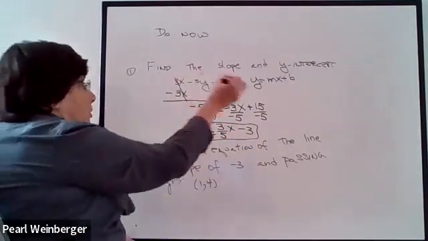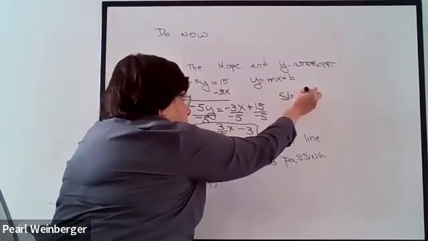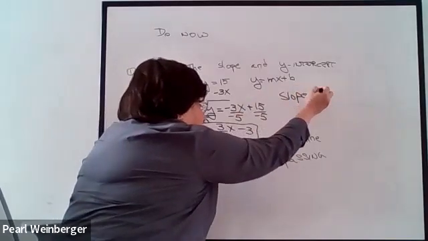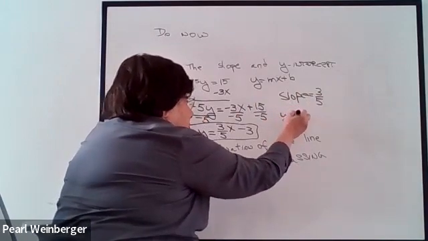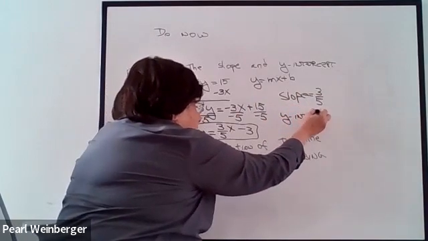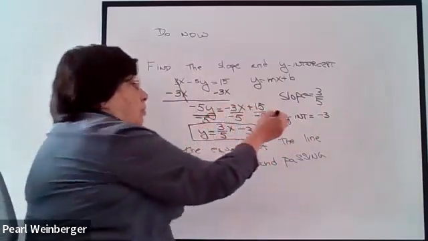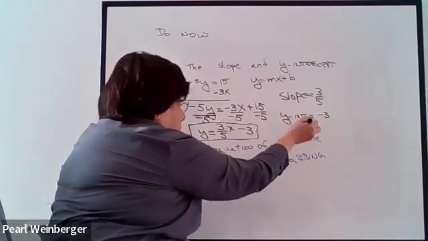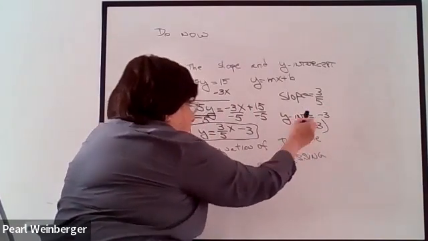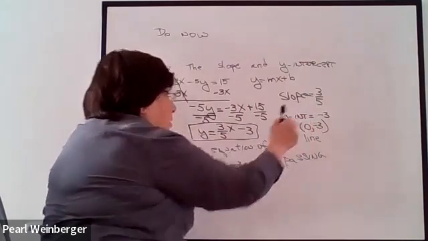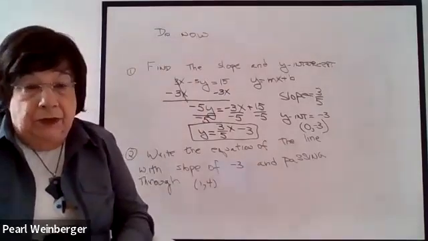So therefore, the slope of our line is 3/5, and our y-intercept is negative 3. You don't have to go any further than saying negative 3, though if you want to be really accurate, you should say it's the point (0, negative 3), because when the x is 0, the number that's next to it, the y, is the y-intercept.